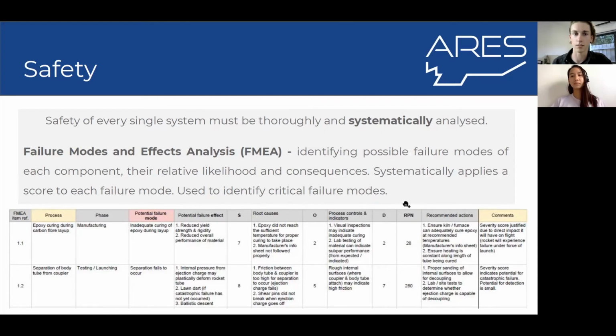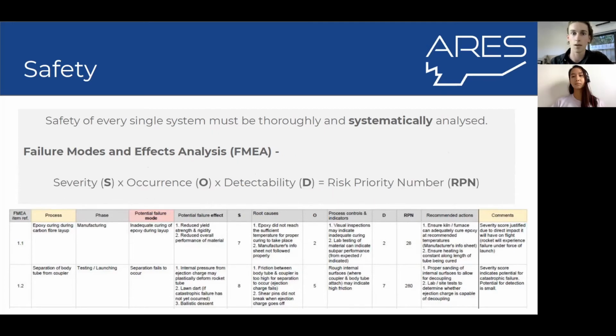That gives us a value called RPN, a risk number, essentially. It tells us how risky it is, and the higher the risk number, the more we need to do to avoid it staying high. So we need to make sure we've implemented some sort of safety measure so that we don't have any high risk factors.